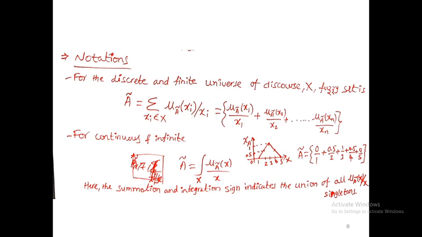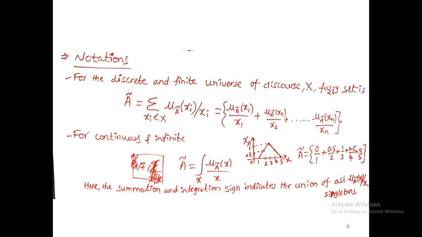The membership value is 0 at point 1, that's why 0 by 1, plus 0.5 by 2, since at point 2 the membership value is 0.5. At point 3 the membership value is 1, so 1 by 3, plus 0.5 by 4, plus 0 by 5 again. Likewise, we can represent the fuzzy set for discrete and finite universe of discourse.